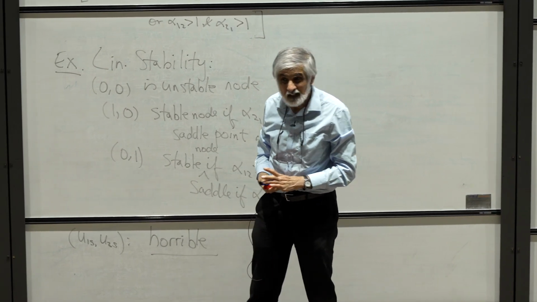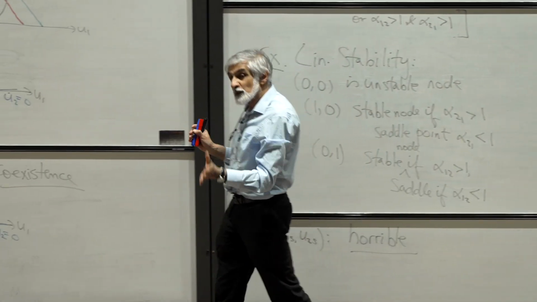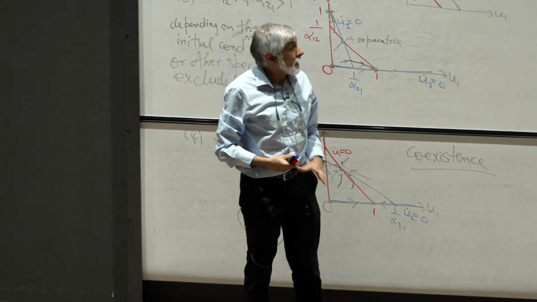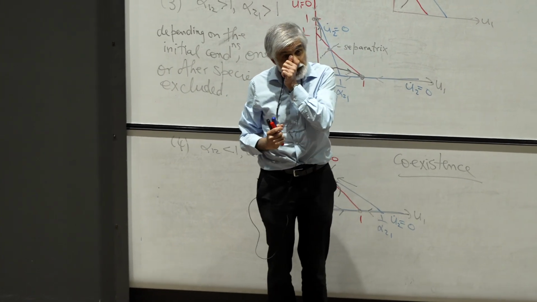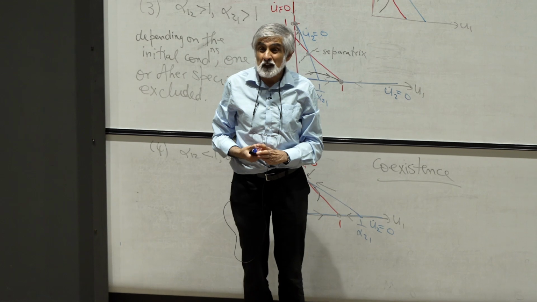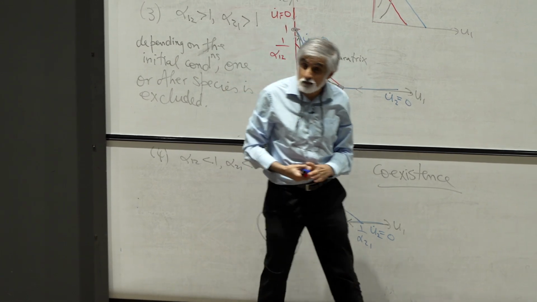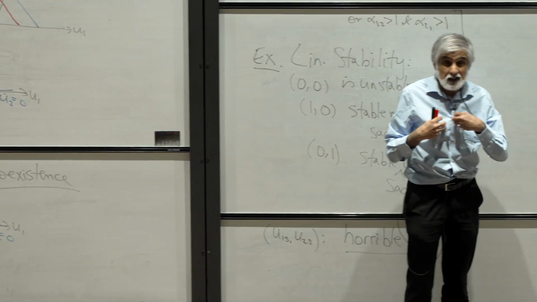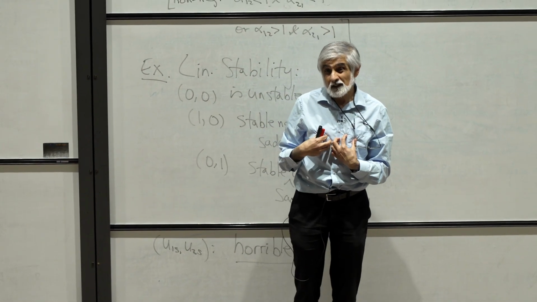Okay? So let's move away from that to another example. Many, many years ago, a cancer radiologist in the Moffitt Cancer Center in Florida, Bob Gatenby, he said, why don't we view cancer as an ecology?